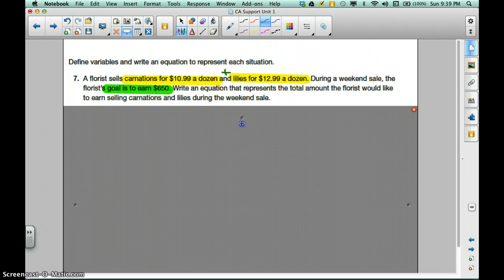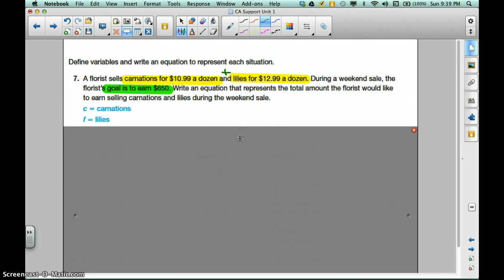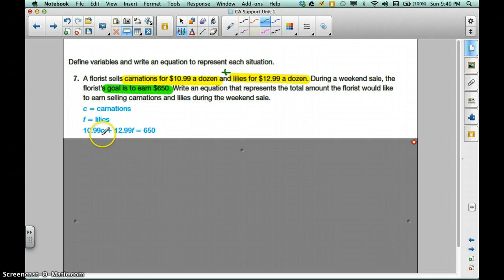Okay, so let's go ahead and name our variables. It's good to use letters that make sense in the context of the problem so you don't have to look back and see what X was and what Y was. C is carnations. It's never a good idea to use L because it looks like a 1, especially lowercase. So I think we just used F here for flowers just to be convenient. Now remember, if you take the price times however many dozen you have, you get the total amount of money made on carnations.